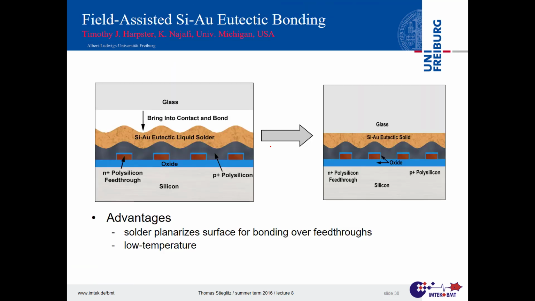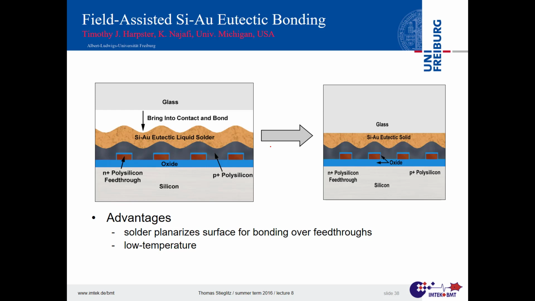Yeah, we could go now into the very details of assembling and packaging techniques. Just an example here. If you have eutectic solder, that means a solder where the melting point of both components here, silicon and gold, is lower than the melting point of the single materials.